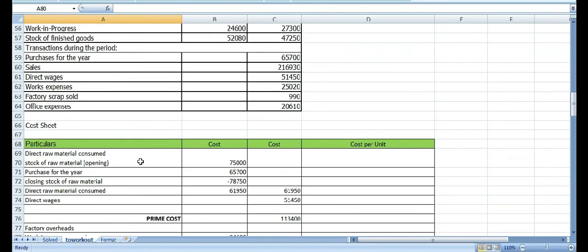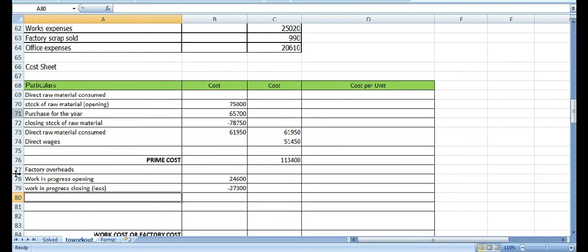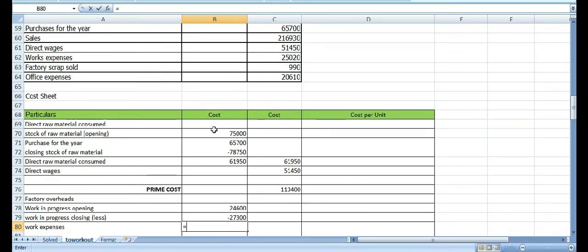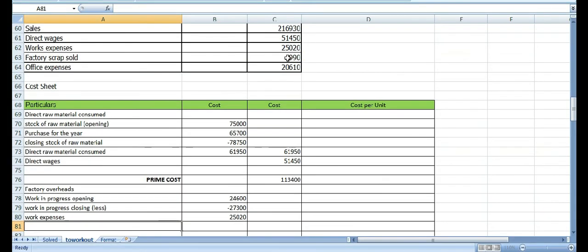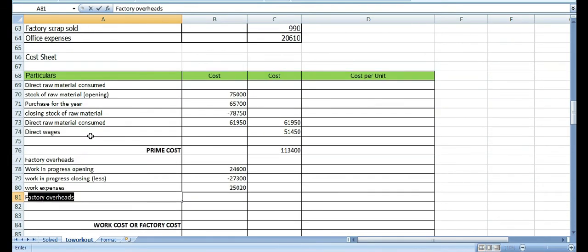Next we have to understand what the other things are. Work expenses is 25,020. Next, under the factory, what other items will be coming? We have to check the list. Factory scrap sold comes under factory expenses. Since factory scrap sold is a kind of revenue, it's not an expense. That's why we are subtracting the value, minus 990.